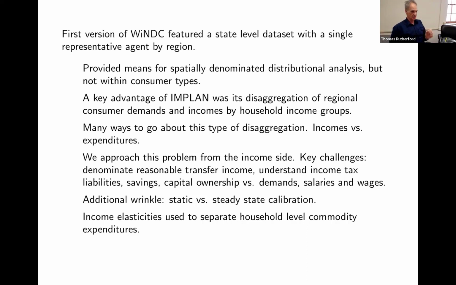And then we take a very light touch on expenditure differences. We don't use the CPS to look at expenditure compositions. We simply take in a set of income elasticities across commodities and use those to tie down the expenditure side.